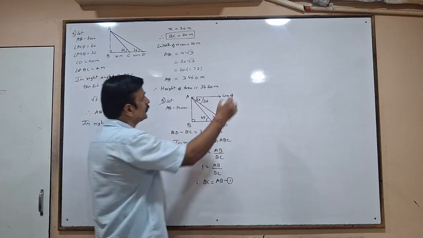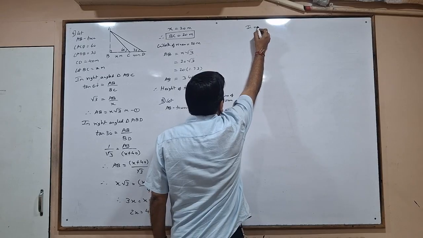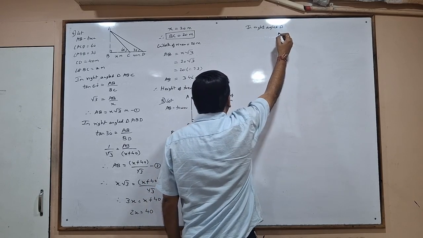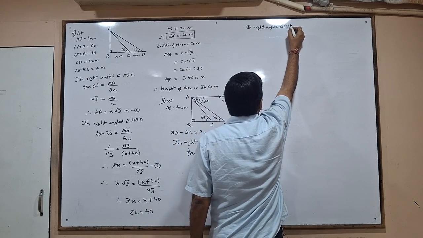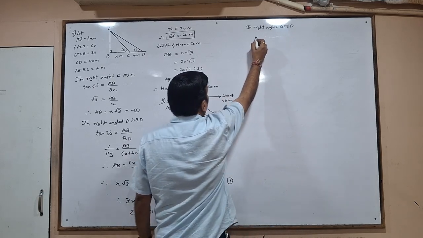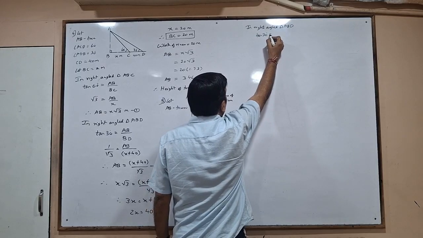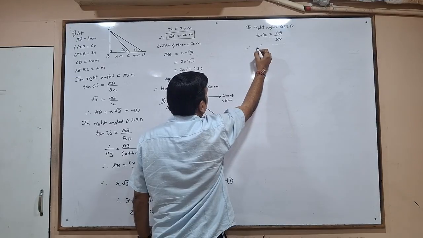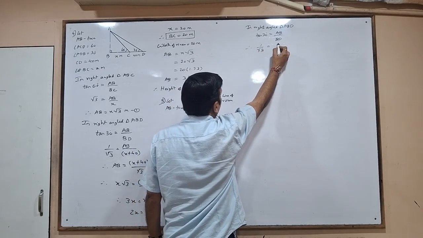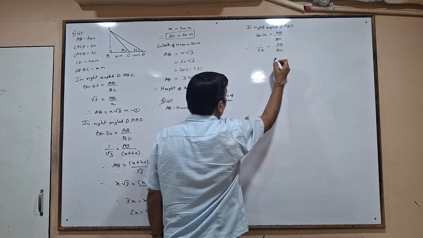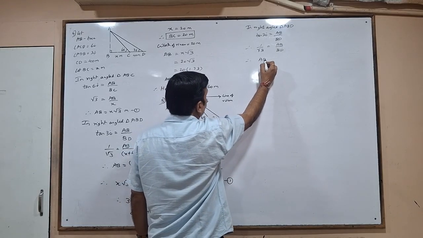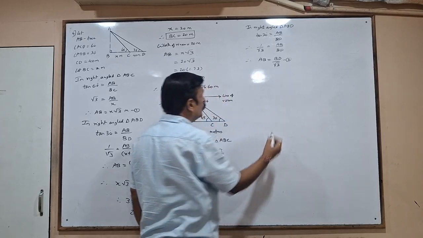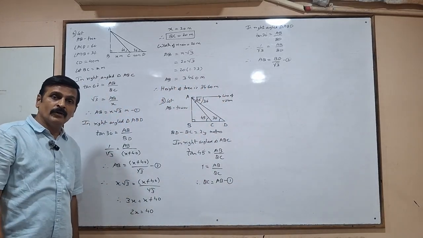That is the first relation. Second, in right angle triangle ABD, again tan 30 will be AB upon BD. Tan 30 is 1 by root 3, so AB is equal to BD upon root 3. That is my second relation.